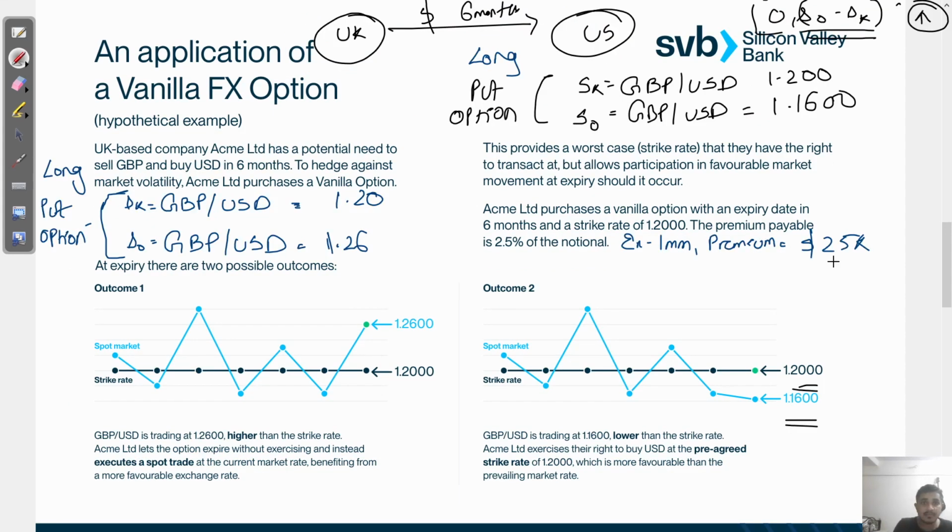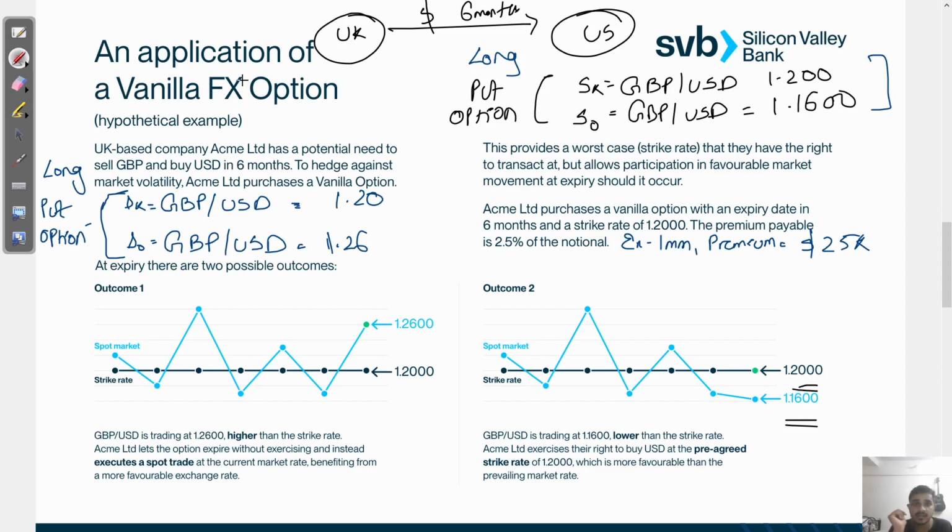So in the second example, the strike rate which we have chosen on the long put option was 1.2, and when we came to the spot market after 6 months, it was 1.16.